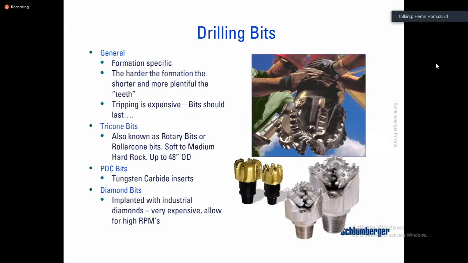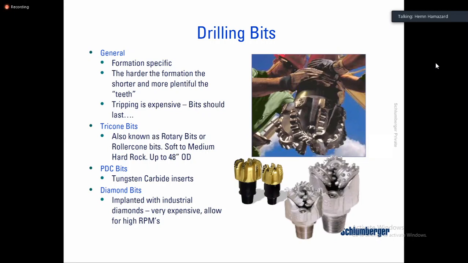So you have two criteria to select any bit as a drilling engineer. Hopefully in the future, you will become a drilling engineer in an oil company, and that's going to be your responsibility. Any bit which can last for a long period of time, the longer the better, also has to have a reasonable ROP, rate of penetration.